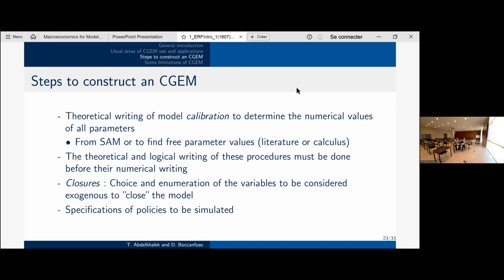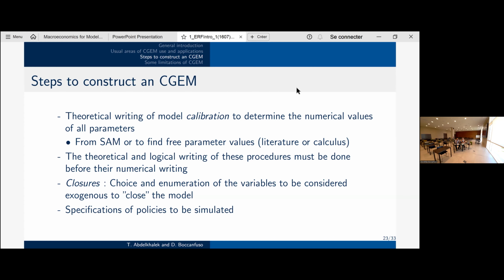So we have to look at the approach to fix some of these variables. This is what we call closures in this model. Closure is to make some variables exogenous. It's a critical situation because the exogenous variables are the entry to simulate.